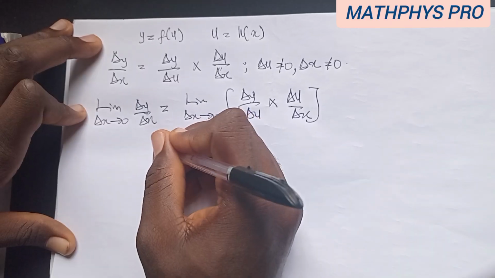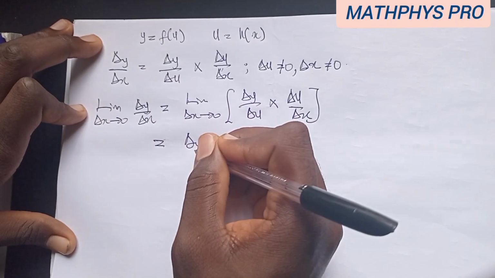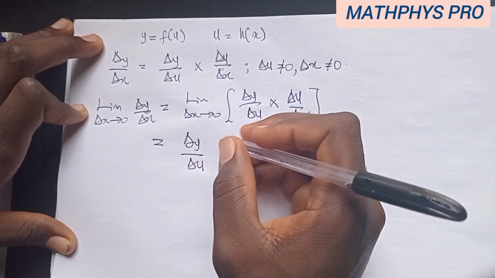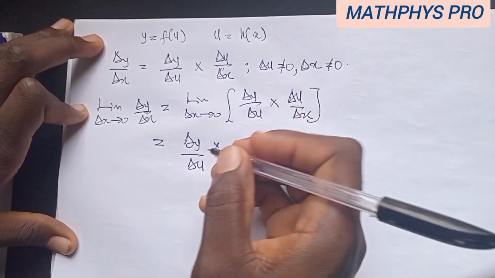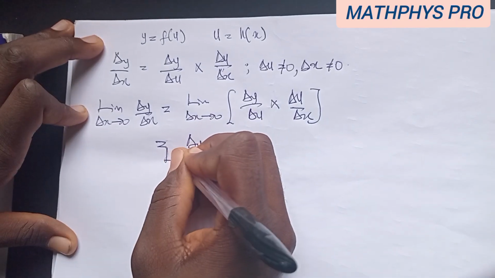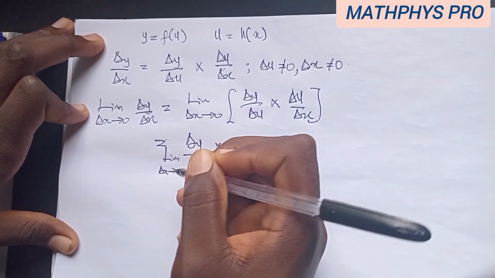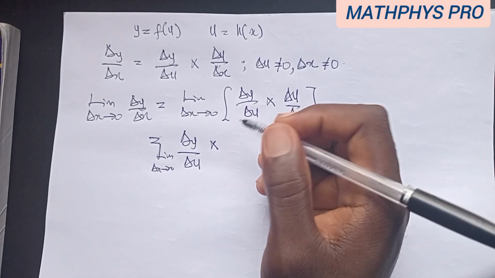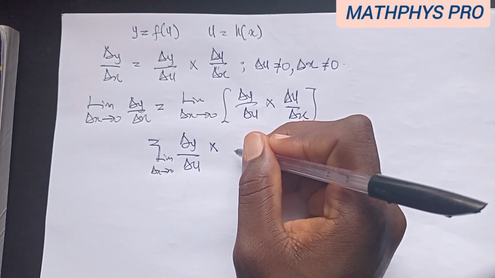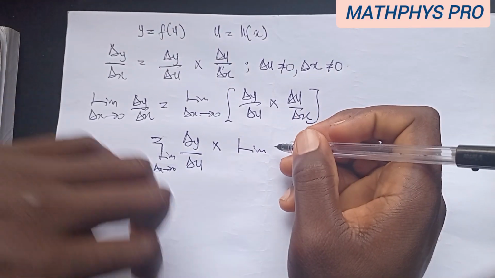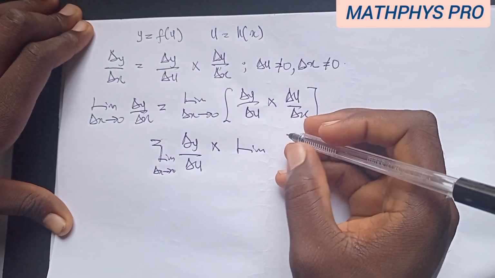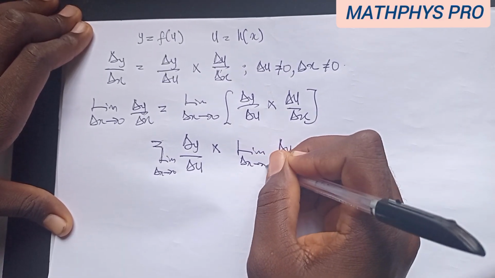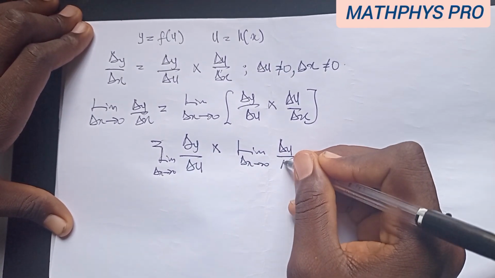So now this is equal to the limit when change in x tends to 0 of change in y over change in u, times the limit when change in x also tends to 0 of change in u over change in x.